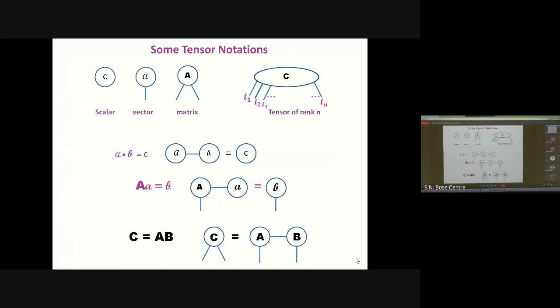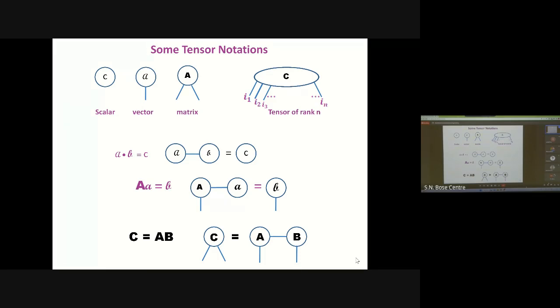But before I go into it, I just want to tell you the notation that one uses. If it's a scalar, you just write a circle, no lines going out, no legs. If it's a vector, there is one leg corresponding to the component index i. If it's a matrix, you have two legs corresponding to the two indices i and j.